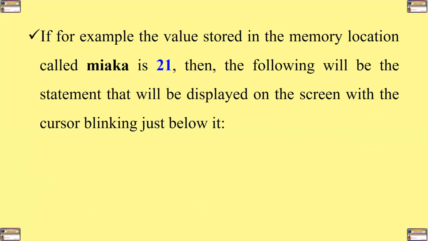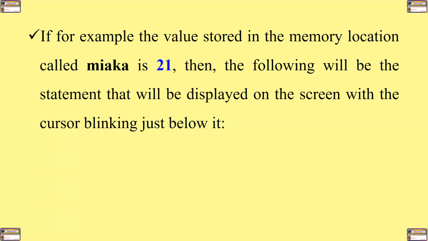If, for example, the value stored in miaka is 21, because when the user was prompted to key in his or her age, this user typed in the value 21 and pressed enter, that value was picked and stored in a memory location called miaka. So the cout statement will pick 21 from the memory location called miaka and display it at the right position within the statement.